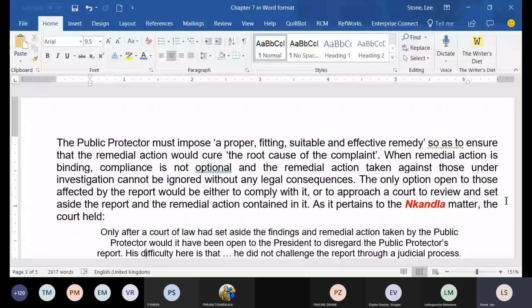Like we saw, he didn't like it. He can only try to reject the decision by going to court and having it formally set aside. But in actual fact, it's not up to anyone to simply ignore the decisions of the public protector.